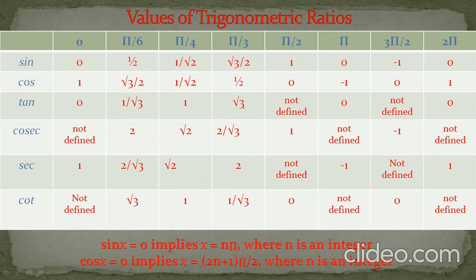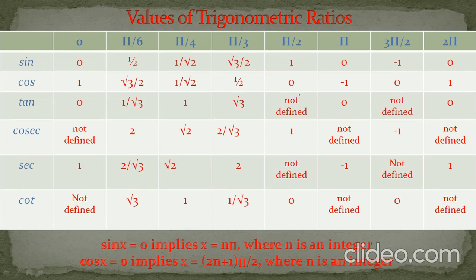Cot pi by 3 will be inverse of root 3, that is 1 by root 3. And cot pi by 2. Now tan pi by 2 was 1 by 0, not defined. So cot will be 0 by 1, that is cos by sine. So we will get the value as 0.